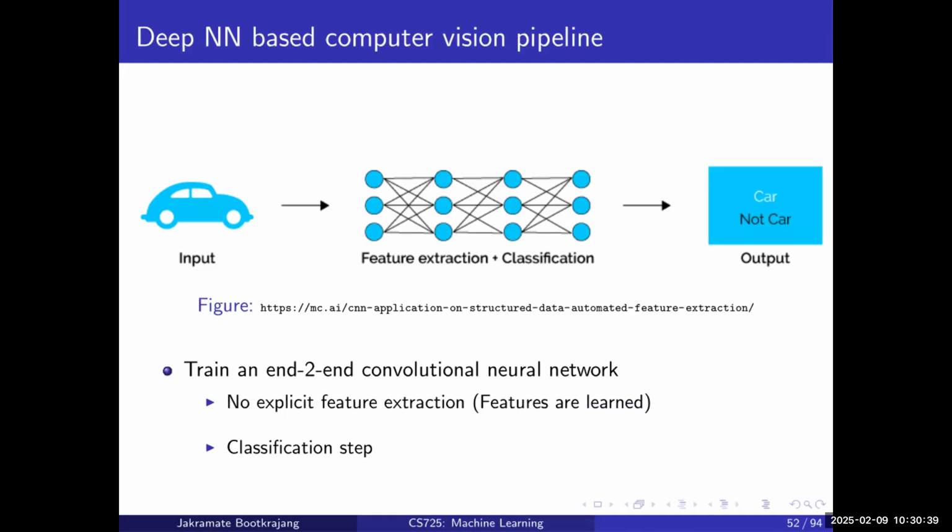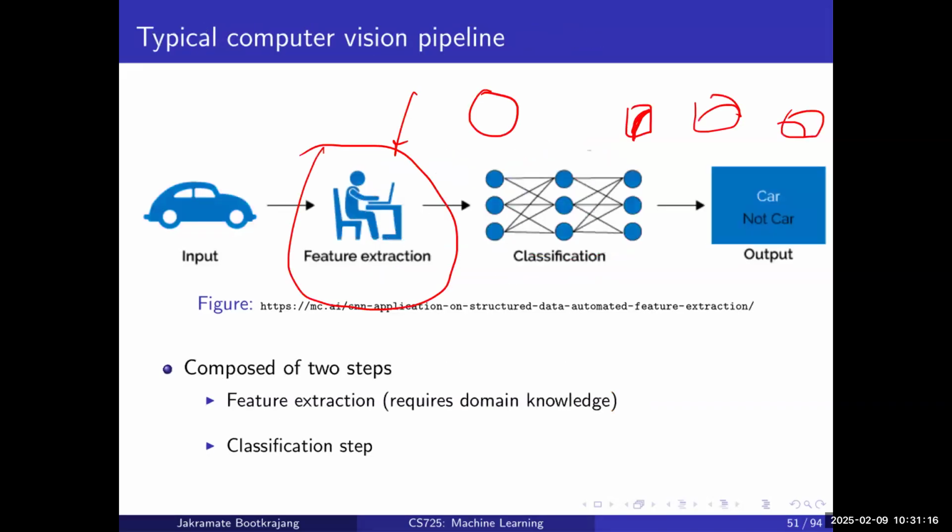Because it has to do two things, we can try to have an end-to-end convolutional neural network. So what do we mean by end-to-end? It means that when you design your network, the first half of your network would help with the feature extraction part, and the second half of the network is going to be the network that you use for classification.